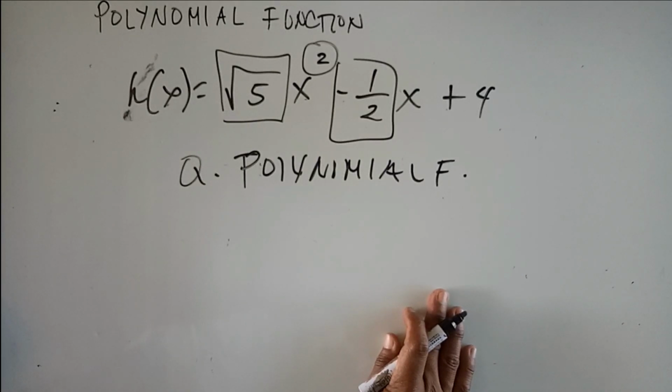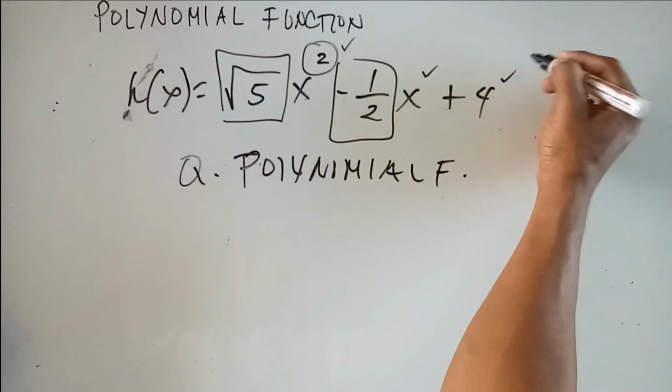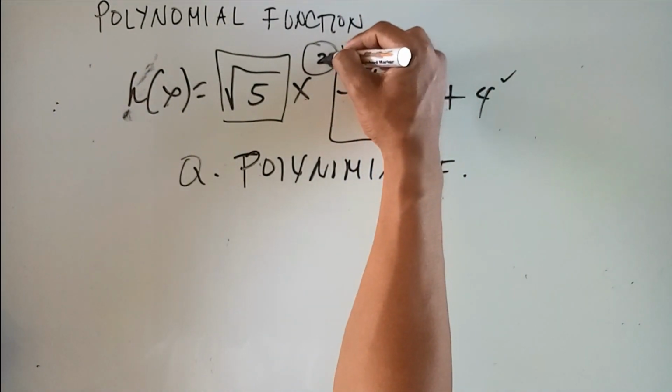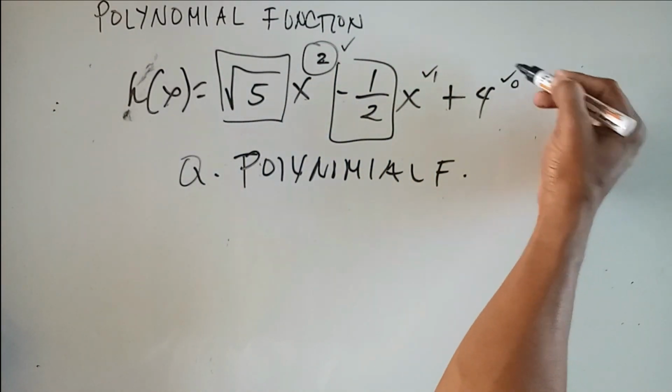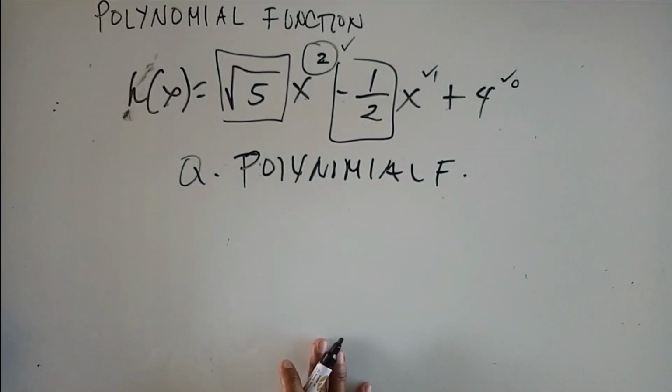Okay, so why, sir? You said earlier that if there is a radical, fraction, decimal, and so on aside from whole numbers, it will not be a polynomial function. What I was saying earlier is all about the exponents. The exponents here are 2 and 1 and 0, and there is no radical or fraction form.